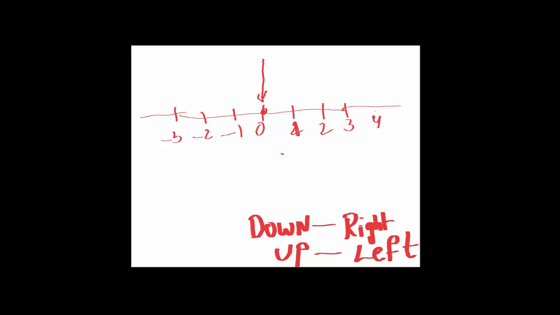If I'm moving right, I'm going from 10 power 0 to 10 power 1, 10 power 2, 10 power 3. If I'm moving left, I'm going from 10 power 0 to 10 power minus 1, 10 power minus 2, 10 power minus 3, and so on and so forth.